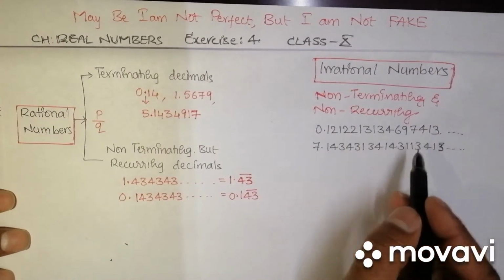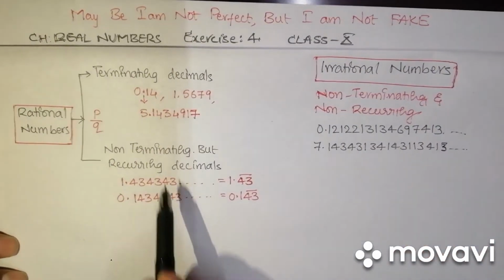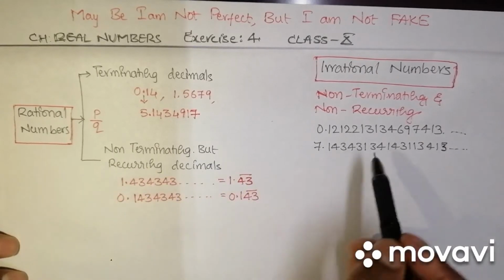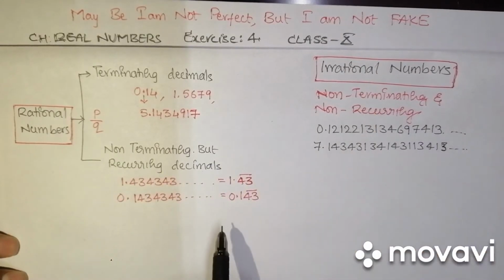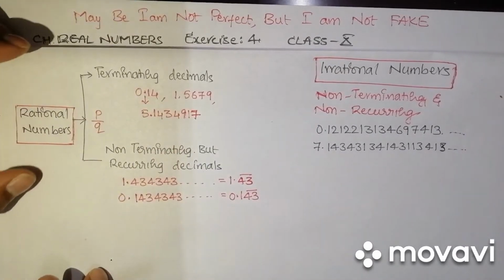These kinds of decimals are called irrational numbers. So, these two types are rational numbers and these are the examples of irrational numbers. Okay. So, the same we apply for the questions that they have given here.